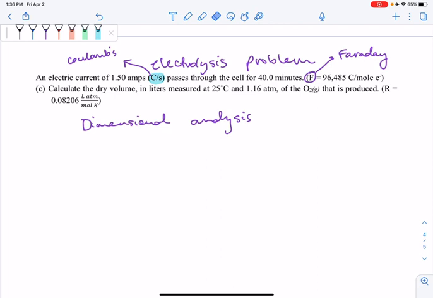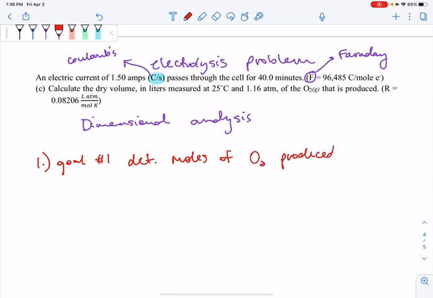So let's see what happens here. It says an electric current of 1.5 amps passes through the cell for 40 minutes. Calculate the dry volume in liters of oxygen that is produced. So hopefully you're seeing that ultimately we're going to need to use PV=nRT because we're dealing with a gas. But first, goal 1: determine moles of molecular oxygen produced.